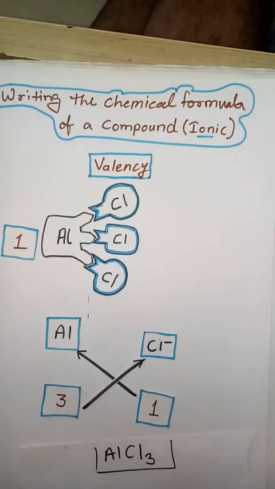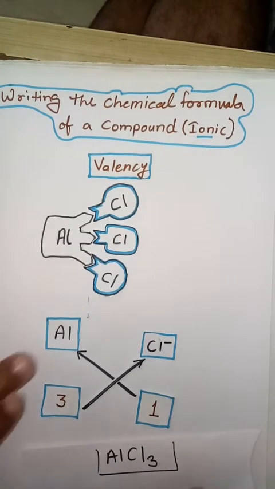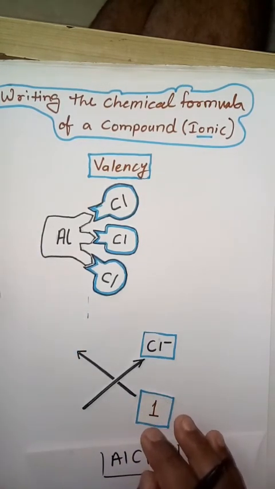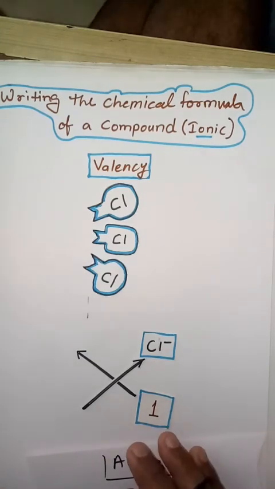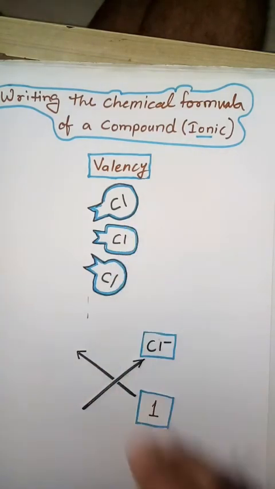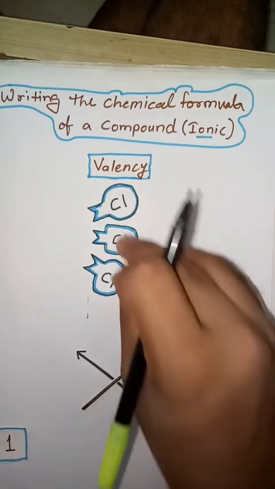Let's move to more examples and see what is happening with them. So aluminium is done. Now let's move on from the 1 valency of the chloride ions.